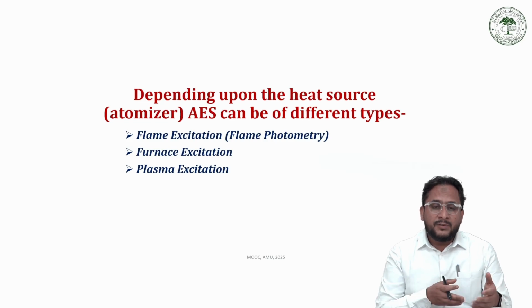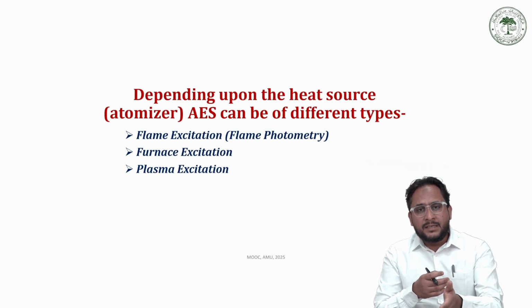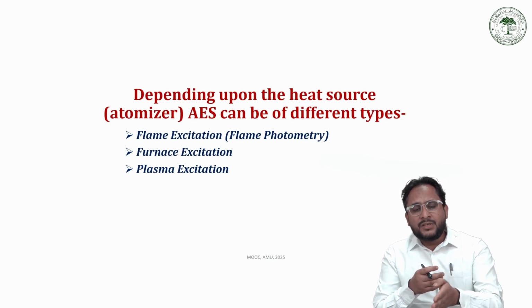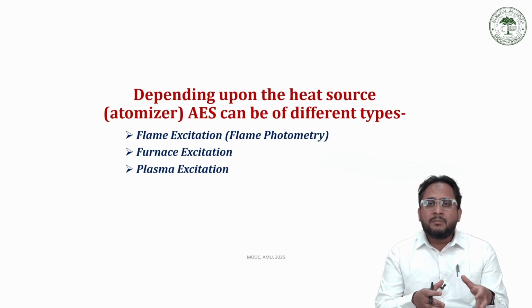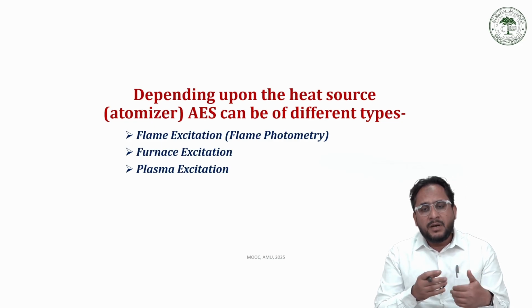In atomic absorption spectroscopy, we use heat for atomization of the sample, and then that atomized sample is excited with the help of light radiation. But here the whole job of atomization as well as excitation is being done by the thermal energy provided by the atomizer.